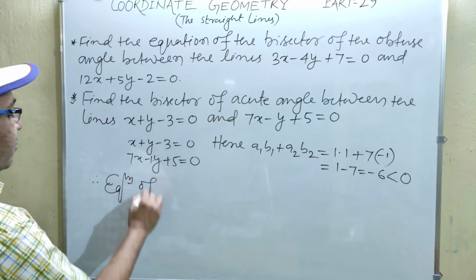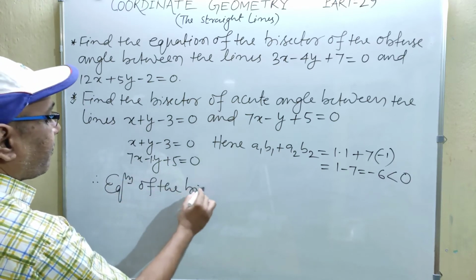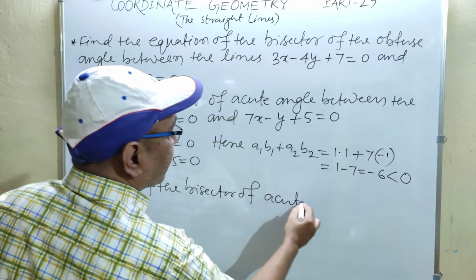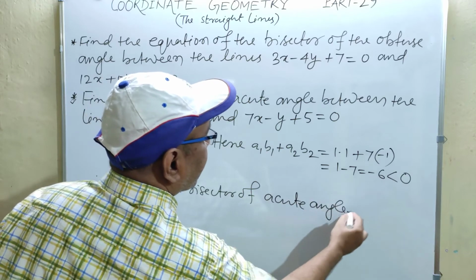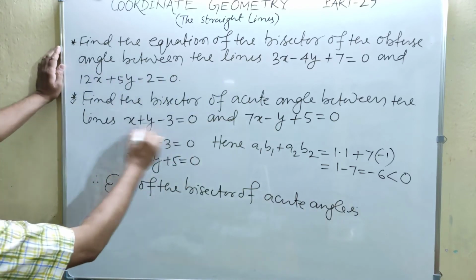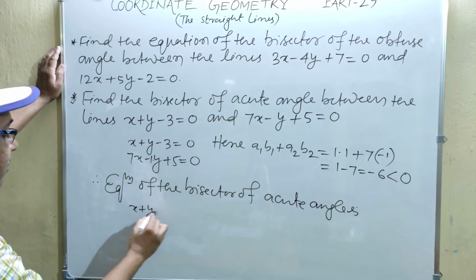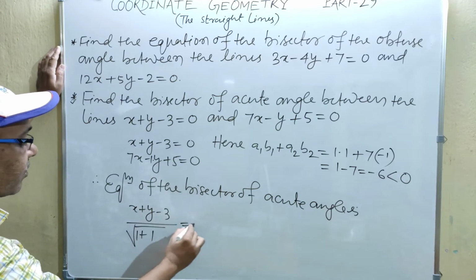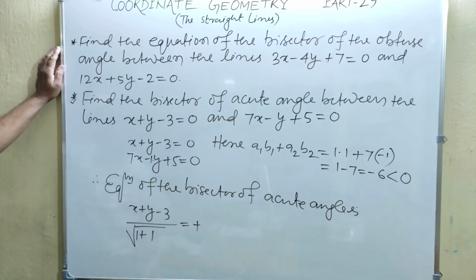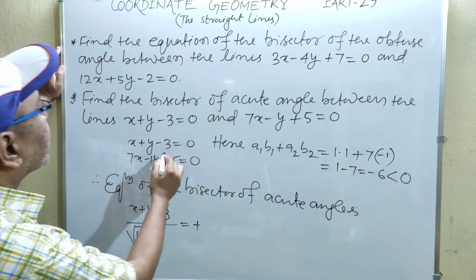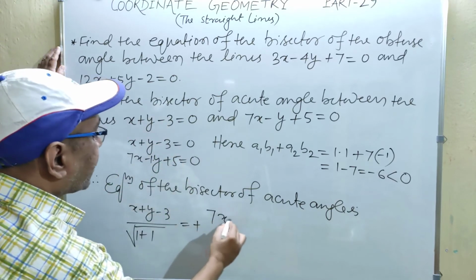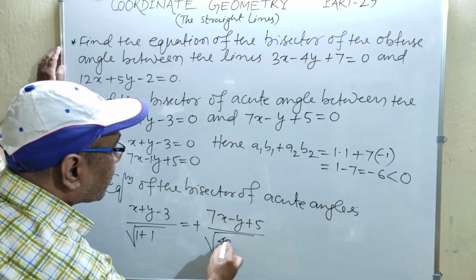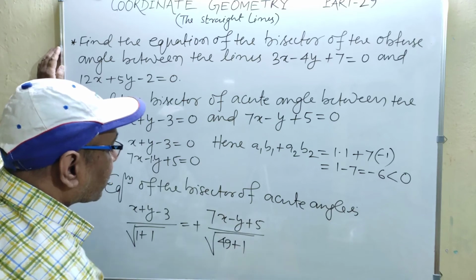the equation of the bisector of acute angle will be this: x plus y minus 3 by root under 1 square plus 1 square equal to, we have to take the plus sign, the second equation, this one, 7x minus y plus 5 by root under 7 square plus this minus 1 square, that is 1.